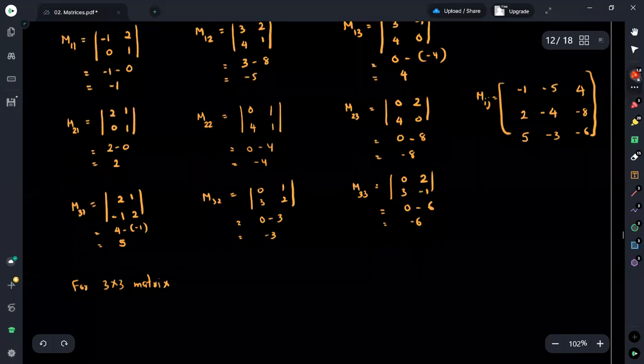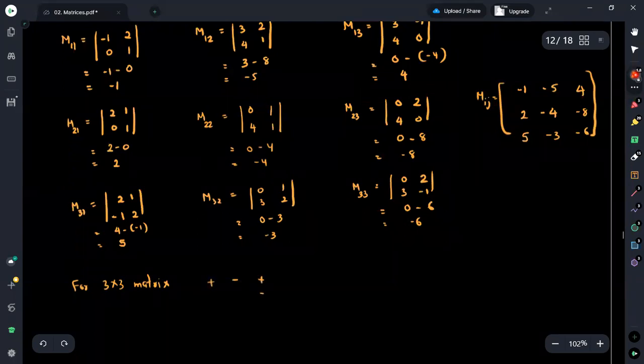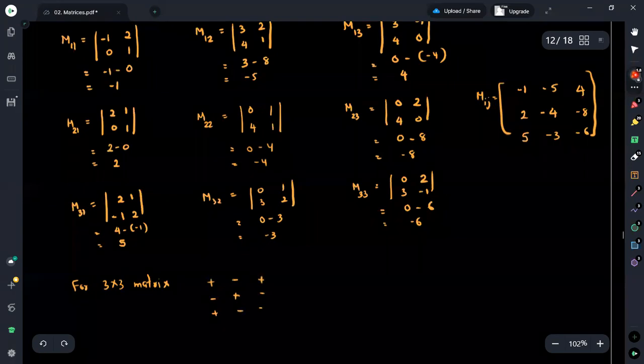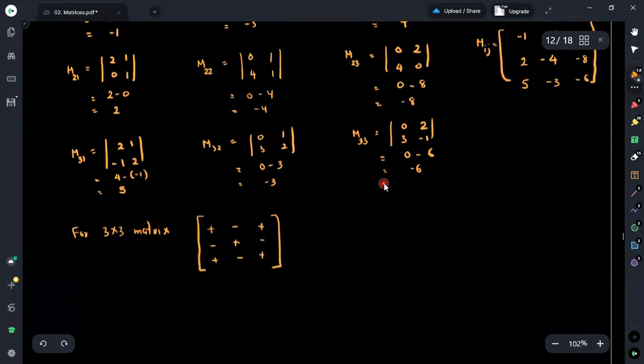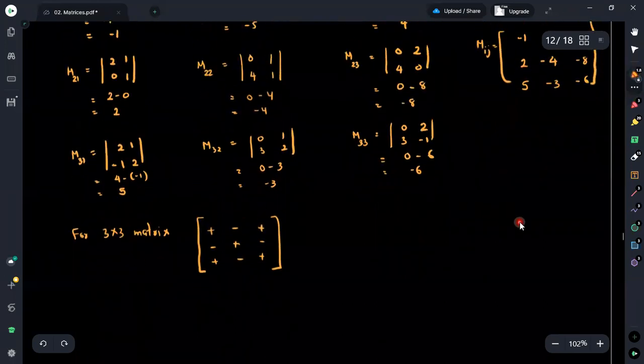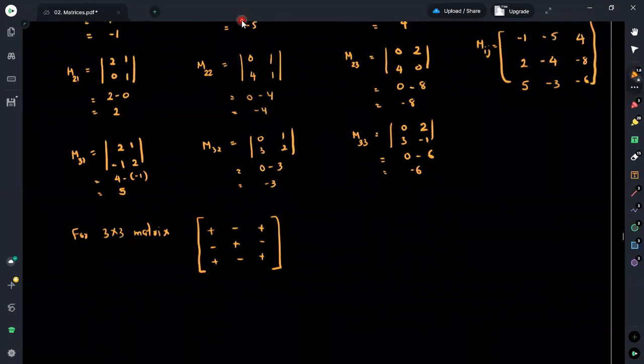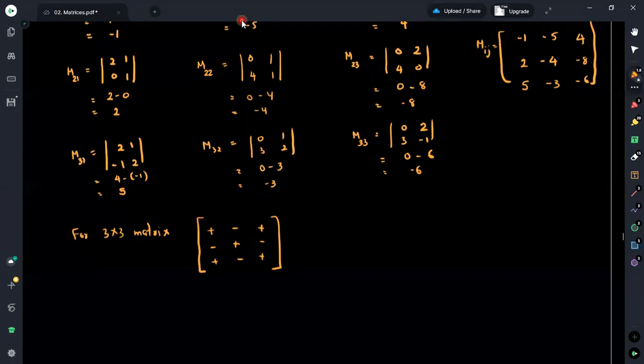We know that the sign pattern starts from plus, then minus, then plus. Now we have to combine the minors with the sign pattern. To obtain the matrix including cofactors, the Cij values can be written inside the matrix.